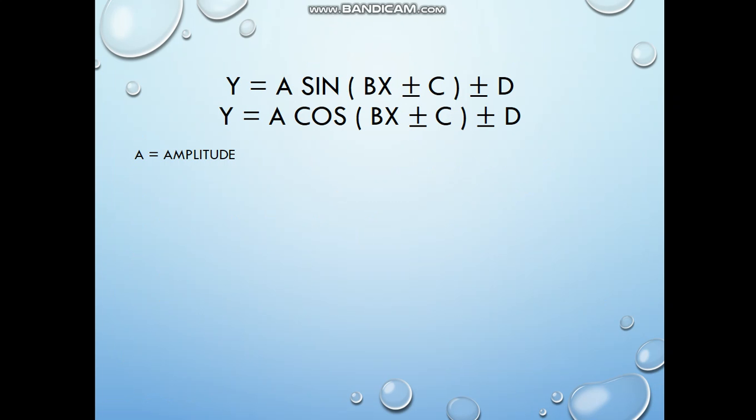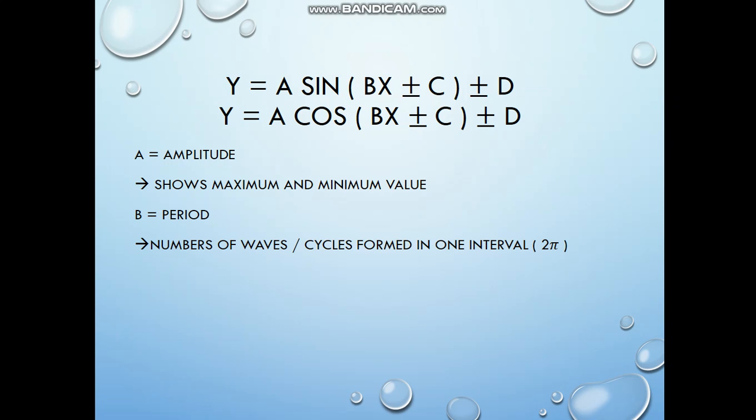A is for amplitude, that shows the maximum and minimum value. B is for period, that shows the number of waves or cycles formed in one interval. C is for horizontal shift, and D is for vertical shift.